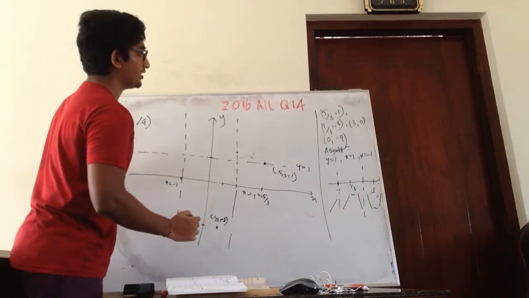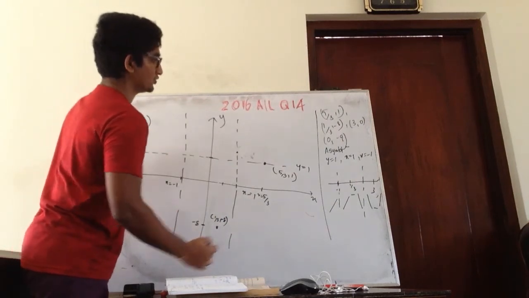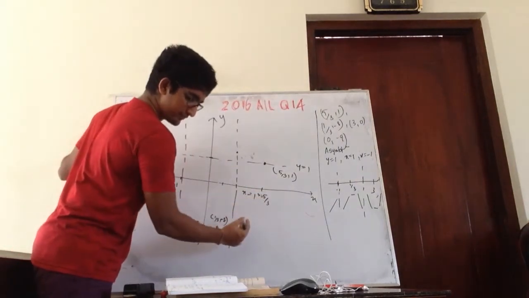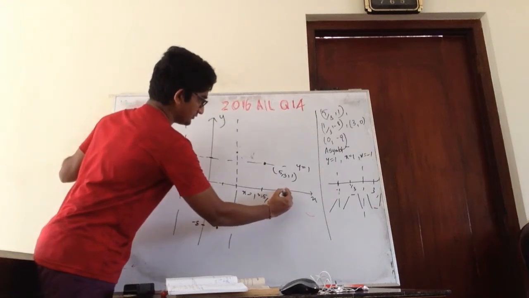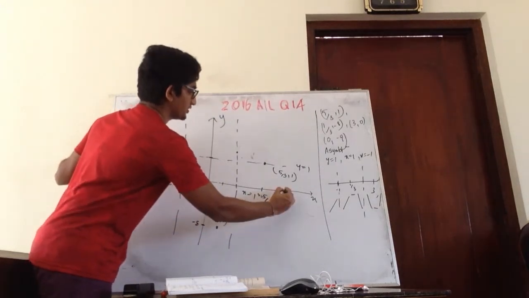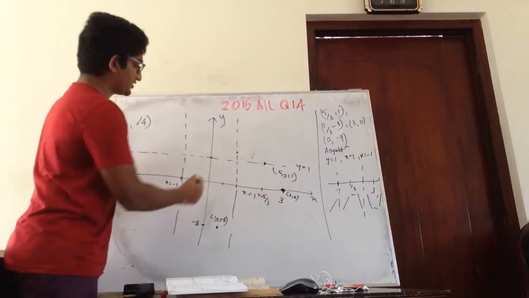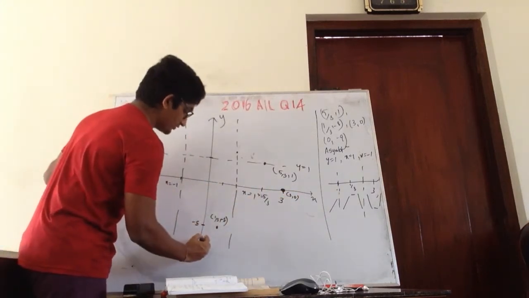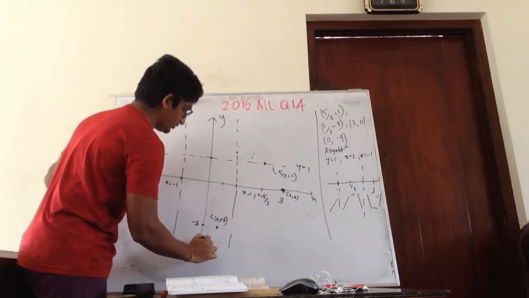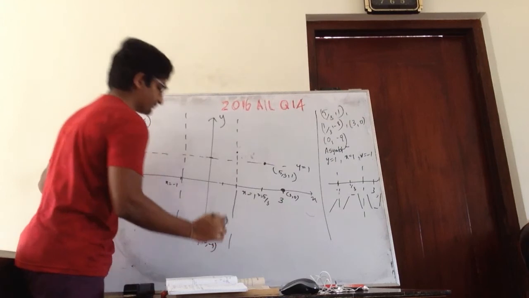Then I have 3, 0. So there's a 3 here. So 3, 0 is this point. Then I have 0, minus 9. This point is there.